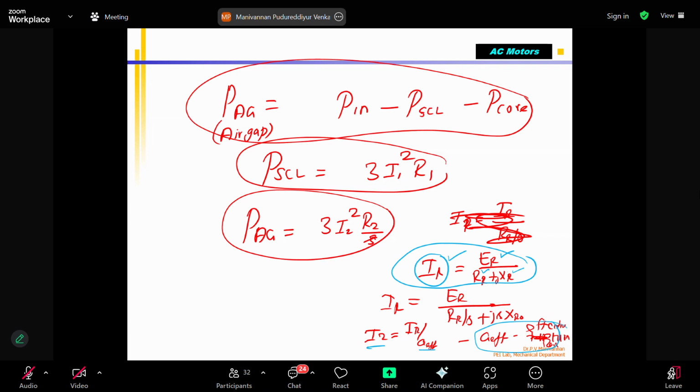Then using I2 equal to IR divided by A effective, you can find I2. Once I2 is known, then you can find out PAG. You can use this formula also, 3 times I squared R2 divided by s. Wherever you want I2, you can use this formula.